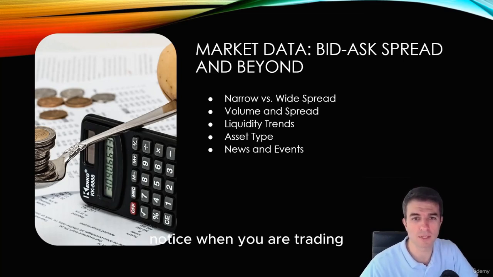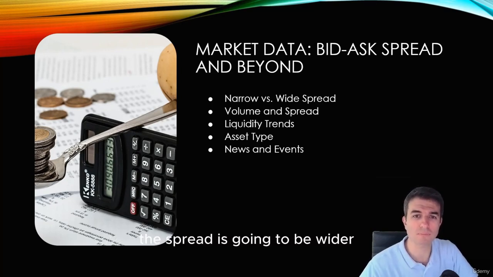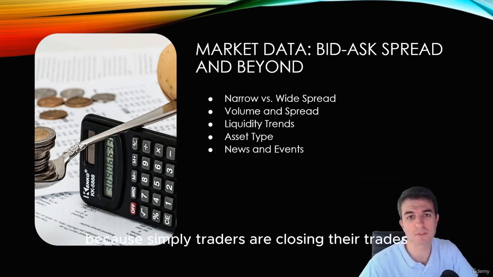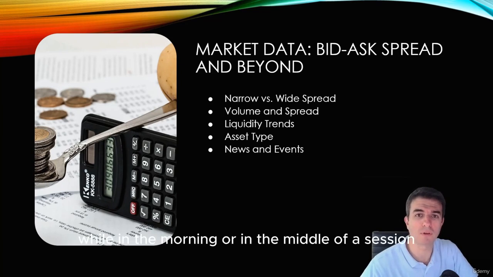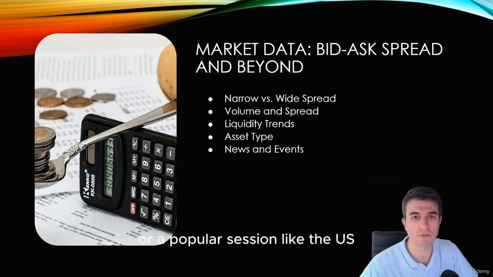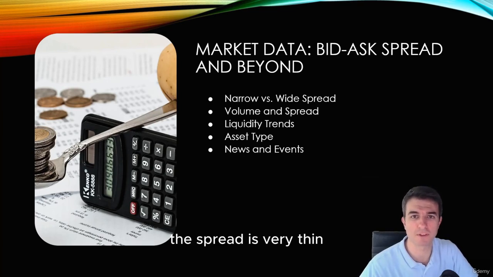Notice when you are trading, when the market reaches the end of the day, the spread is going to be wider because the liquidity is decreasing, because simply traders are closing their trades and they're not trading anymore. While in the morning or in the middle of a popular session like the US session, the New York session, you notice that on the most popular assets, the spread is very thin.